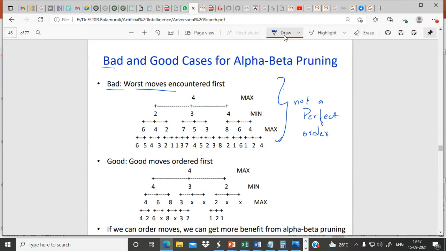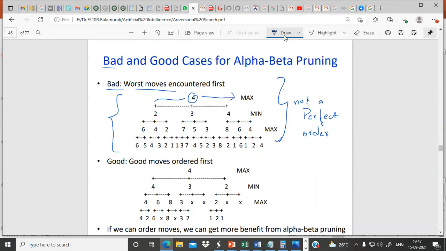This is a high level representation of the alpha beta pruning algorithm. Say this is the root node, and from the root node you are performing a max operation.